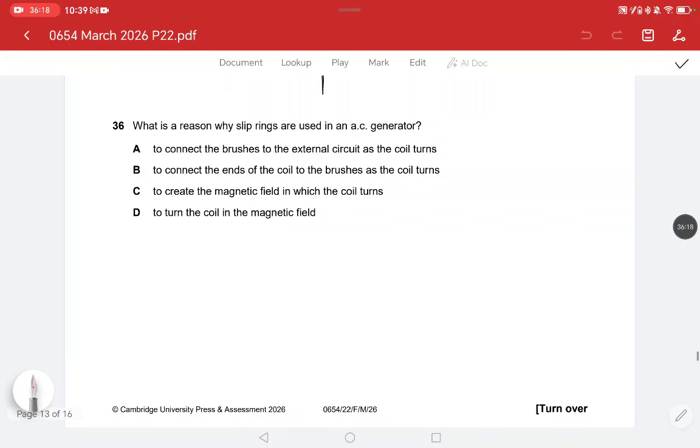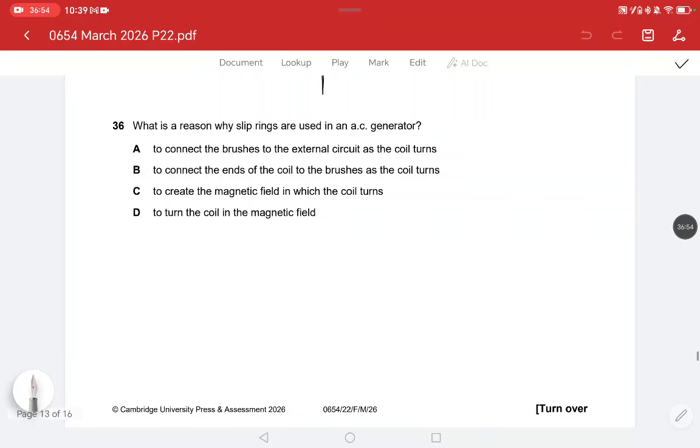They press against the slip rings. So we use them to maintain the electrical contact between this rotating coil and the external circuit. So you can say that the slip rings connect the rotating coil ends to the stationary brushes.